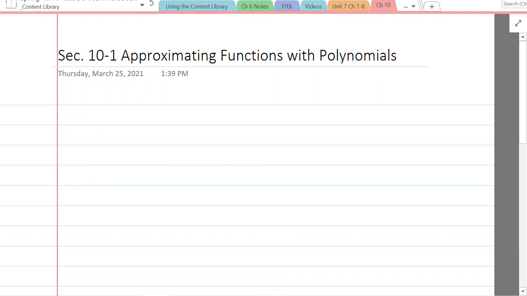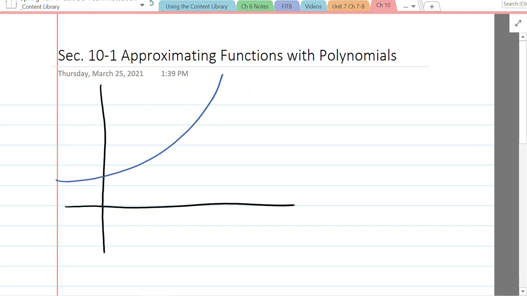So just let me draw you a sketch. Suppose you have some function f of x, and you have some point. This is a, this is f of a, the function at a, so it's the y value.